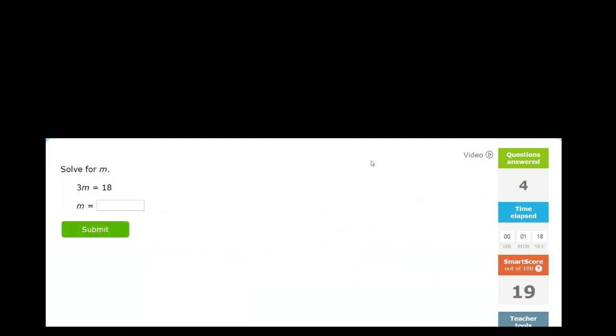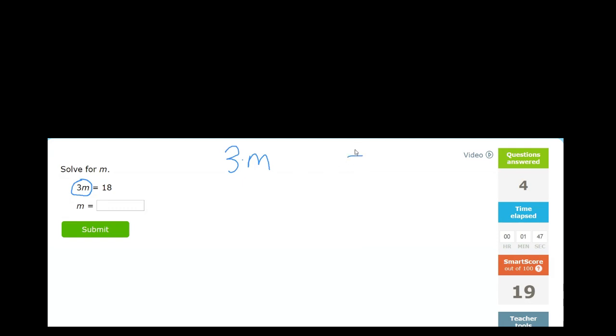Here's another problem. Notice how the variable is now on the left-hand side of the equation. What are we doing with the variable? Well, whenever you see a number with a variable next to it, that means multiplication. So in this case, we're multiplying m by 3. What is the opposite of multiplication?